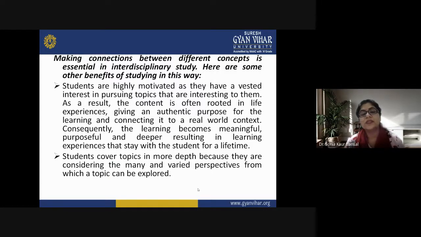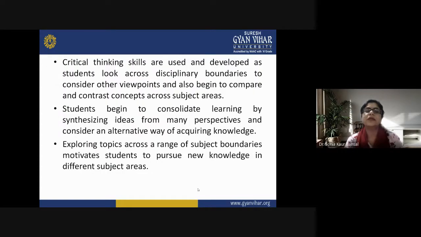Students cover topics in more depth because they are considering the many and varied perspectives from which a topic can be explored. Okay, students? Critical thinking skills are used and developed as students look across disciplinary boundaries to consider other viewpoints and also begin to compare and contrast concepts across subject areas.